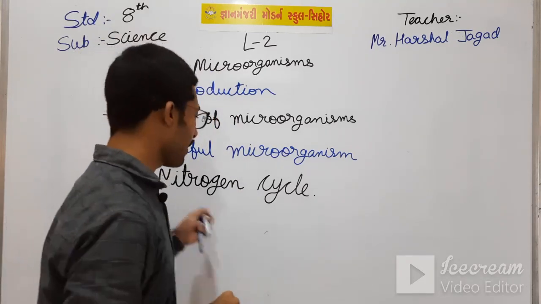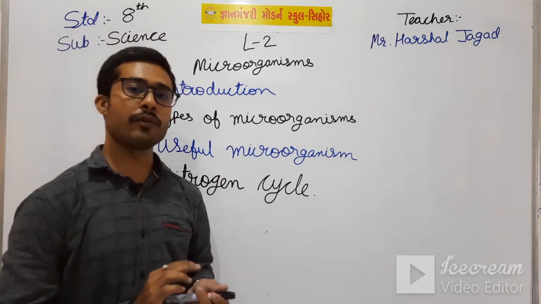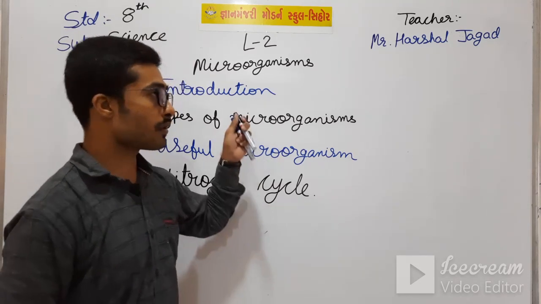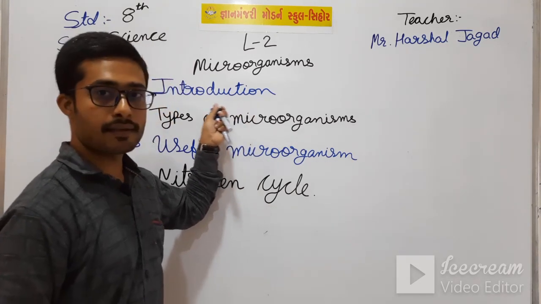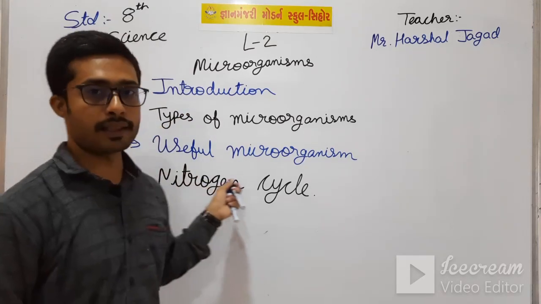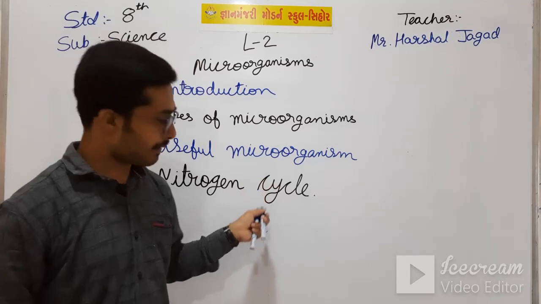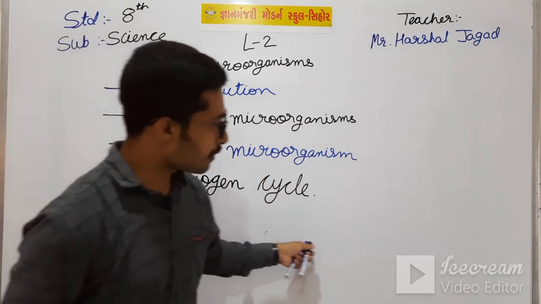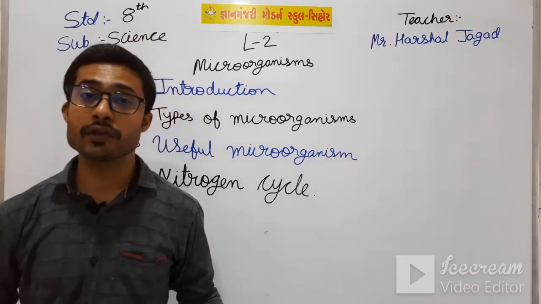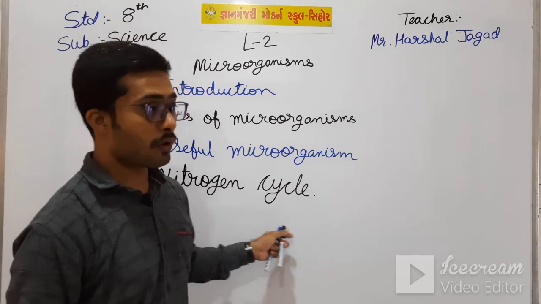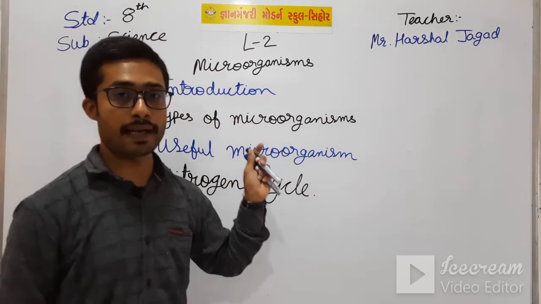Okay students, then the nitrogen cycle, in short we will say that the atmospheric nitrogen enters the human body or plants or soils, etc. and forms a nitrogen compound and then goes back to the atmospheric nitrogen.